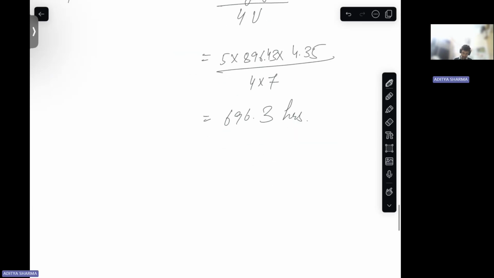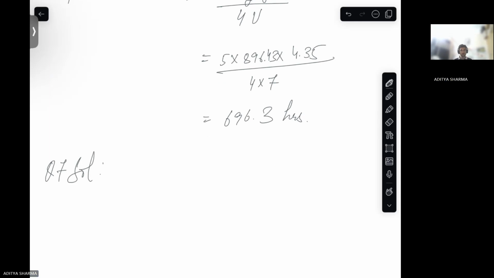Then we will take question number 7, which says that you give us thermal turnaround efficiency.